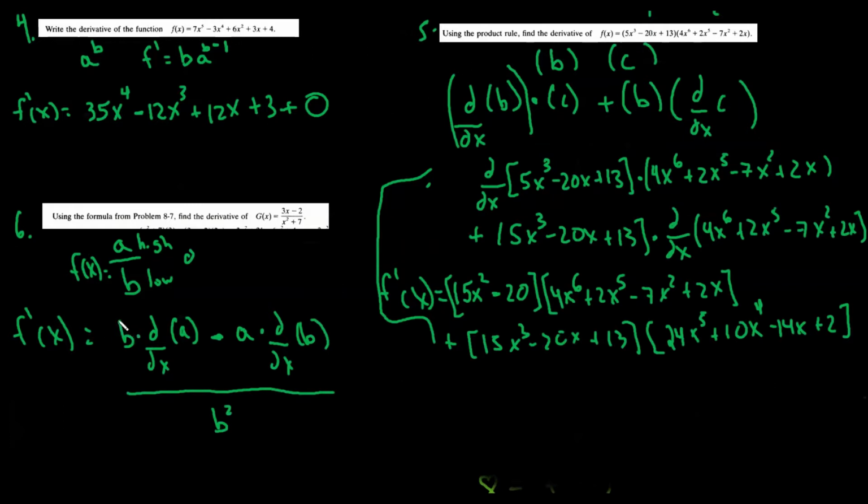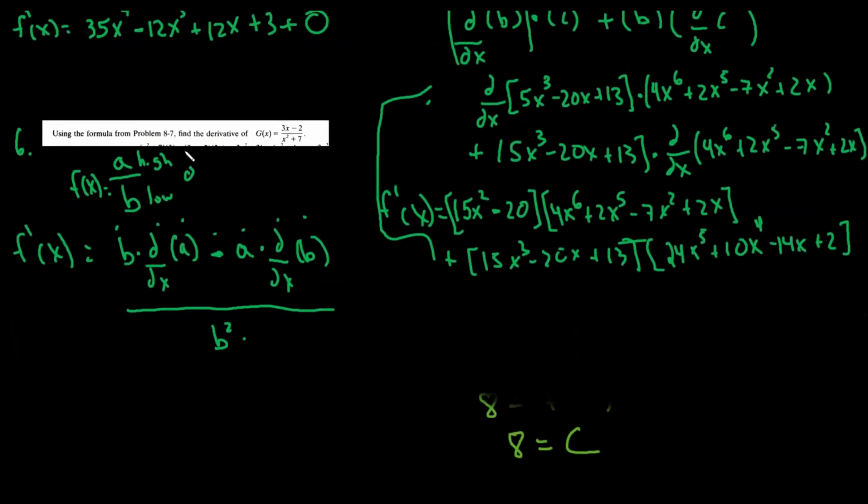So low, d high, minus high, d low, all over the bottom squared. Just remember that forever. Like I said in my exam video, I learned it like that, and I remember it for the last 10 years.